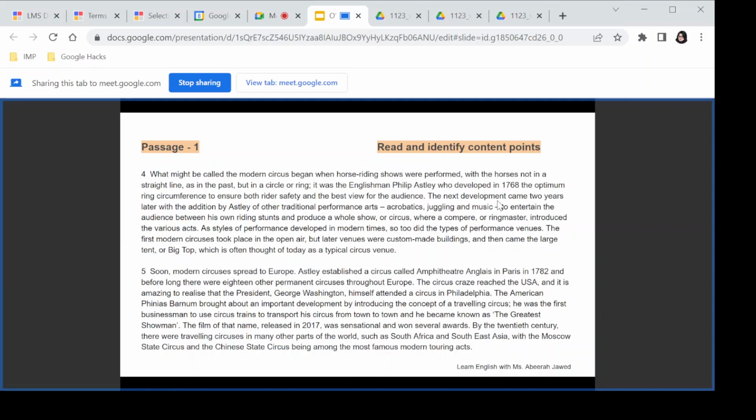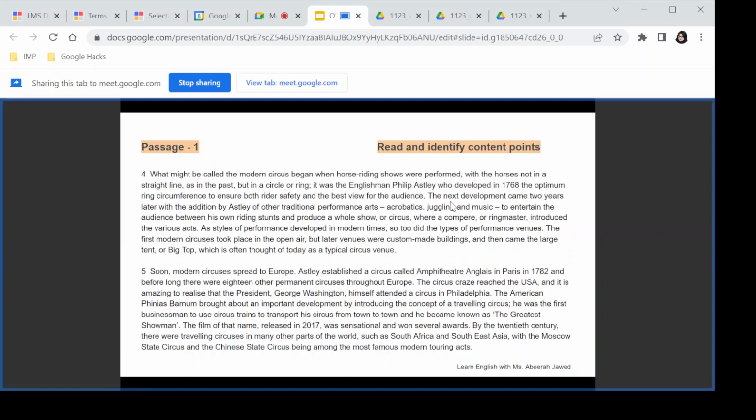Okay. The next development came 2 years later. Now this is written explicitly. Students, remember such words and phrases like this one is telling you directly that it is the development. This technique will also help you understand your reading for meaning passages when you understand how to identify implicit ideas and how to identify explicit ideas.